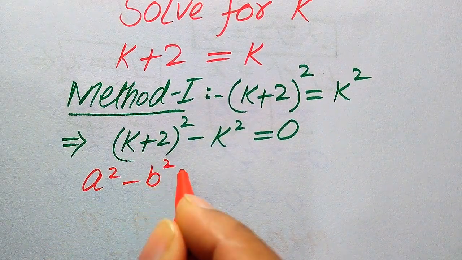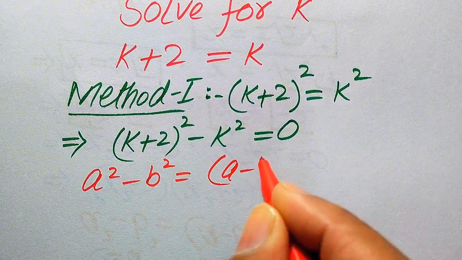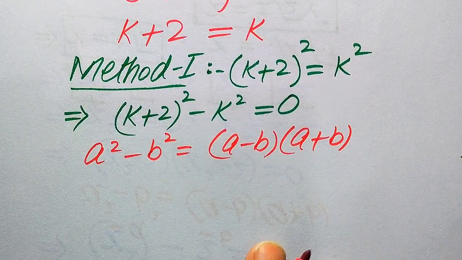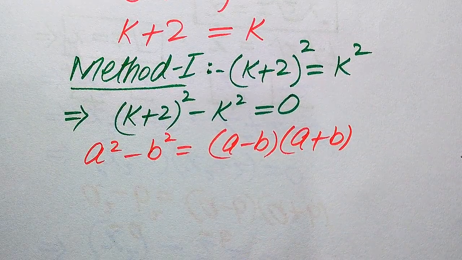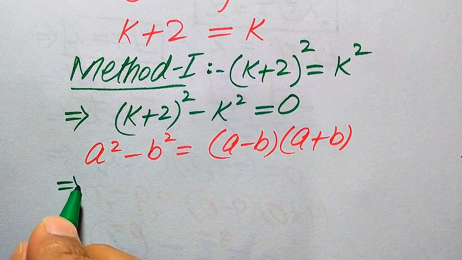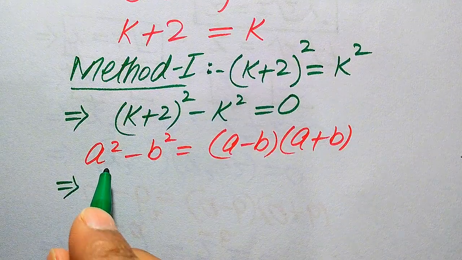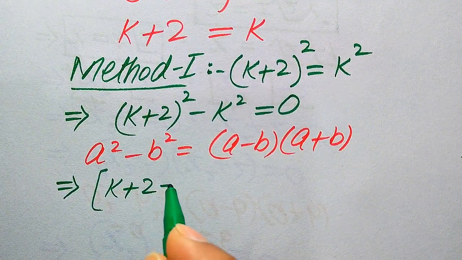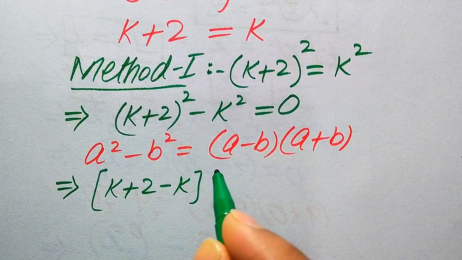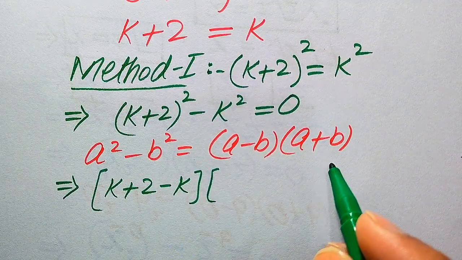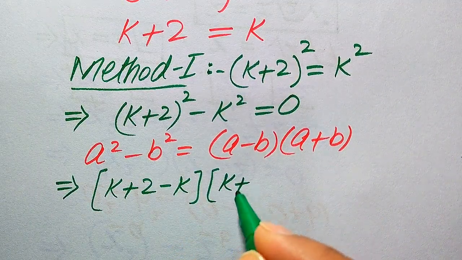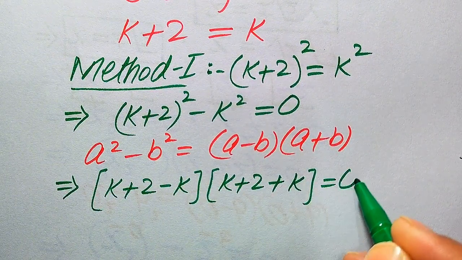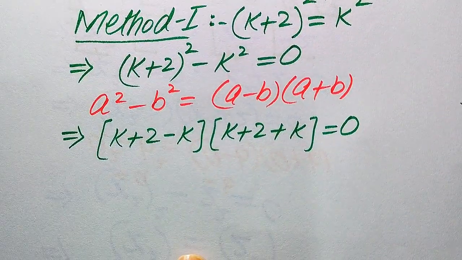You know that a² - b² = (a - b)(a + b). According to this rule, we write the left hand side of the above equation as: the first factor is a - b, where the value of a is k + 2 and the value of b is k, times the second factor a + b, where a is k + 2 and b is k, and this whole equation is equal to 0.